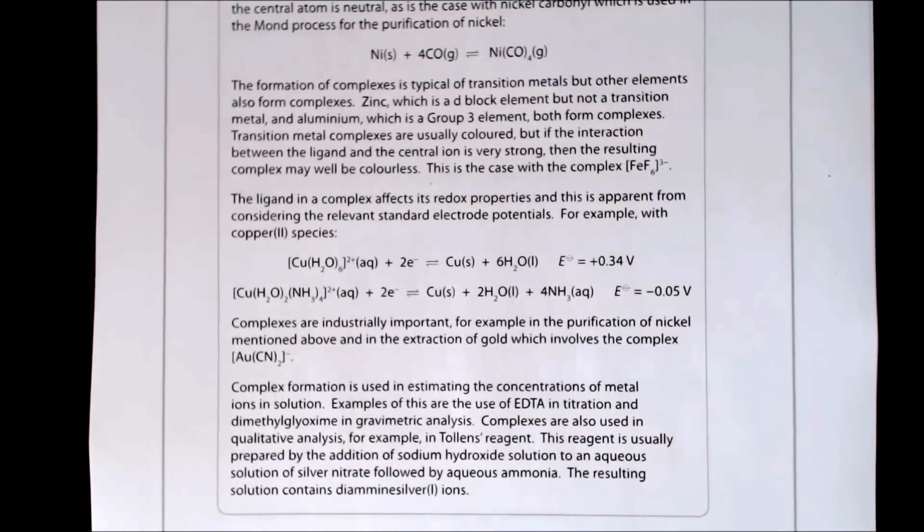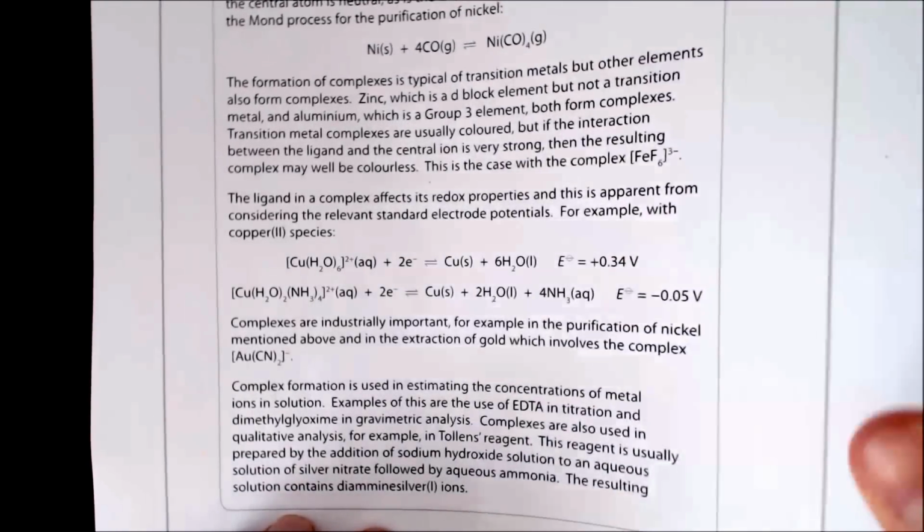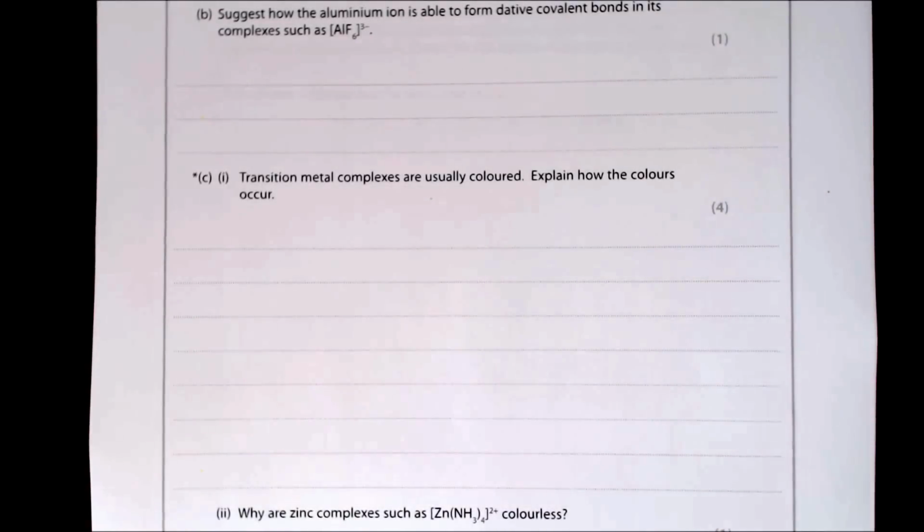This reagent is usually prepared by the addition of sodium hydroxide solution to an aqueous solution of silver nitrate, followed by aqueous ammonia. The resulting solution contains diamminesilver(I) ions. So they've given us loads of information there, and obviously they're going to ask us questions on some of it.